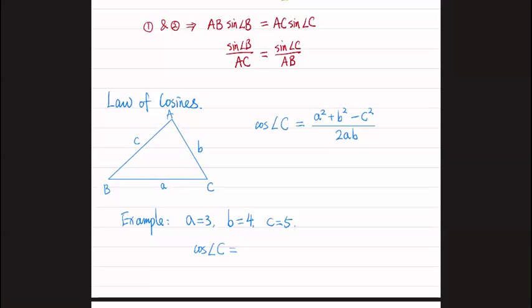It's correct. What does it mean? Cosine is zero. Yes. What does that mean? Well, if a equals 3, then that's 9, and if b equals 4, that's 16, and c is 5, so that's 25 minus 25 over 24, right?